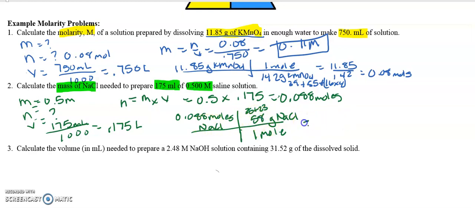So I'm going to multiply 0.088 times 58, and I get a mass of 5.104 grams.